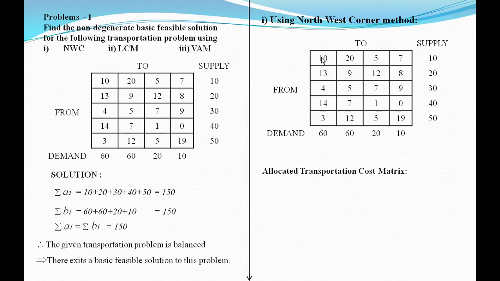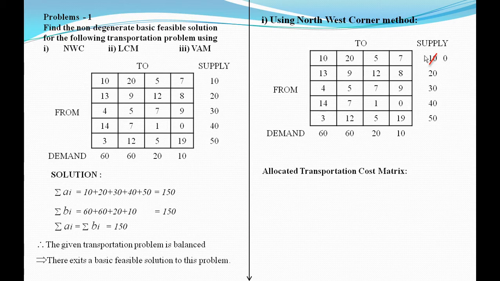Now you have to take the northwest, the topmost and leftmost cell. This is the cell we have to allot. So you have to compare 60 and 10, which one is least. 10 is least, so I cancel the 10, and it becomes 0. All the 10 is to be allotted here.